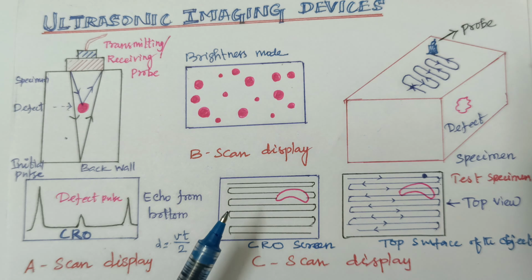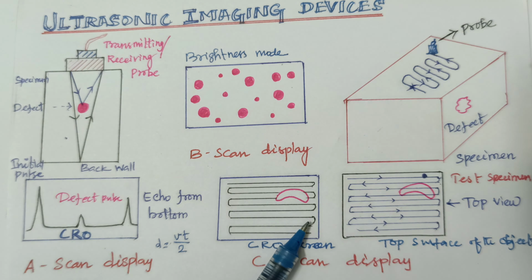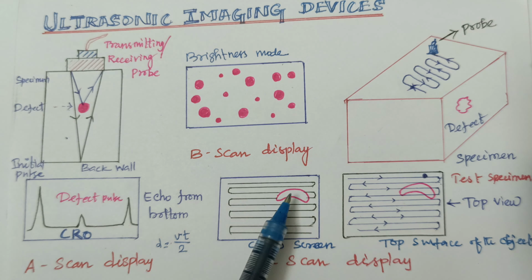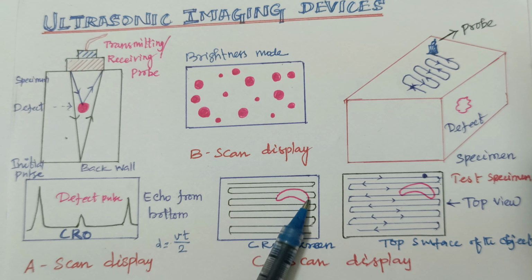The intensity of the echo received from the section of the specimen is recorded. The shading with blank space corresponds to the defect regions, which you can see in the CRO screen.